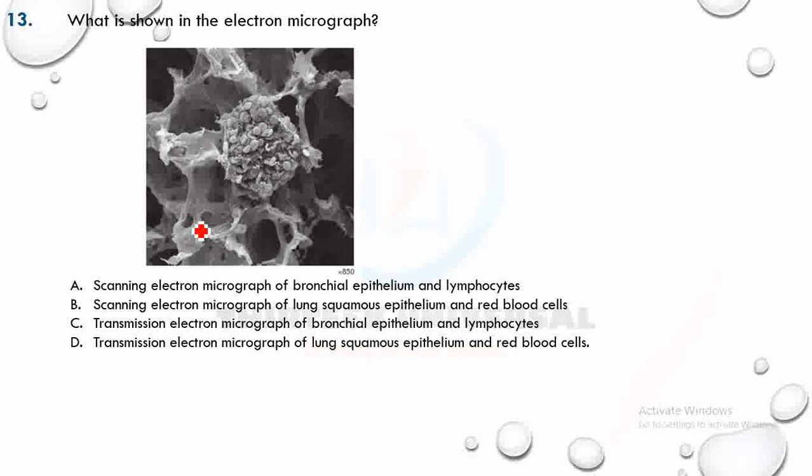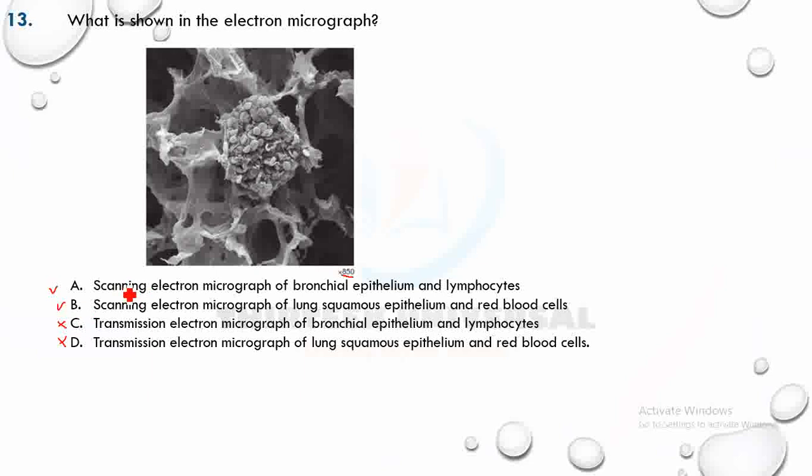But if you look at this, you can see that this is a 3D structure, and the magnification is small, 850. So this talks about scanning. Scanning gives us 3D, low magnification and low resolution, so it can never be transmission. Transmission gives us high magnification and high resolution.